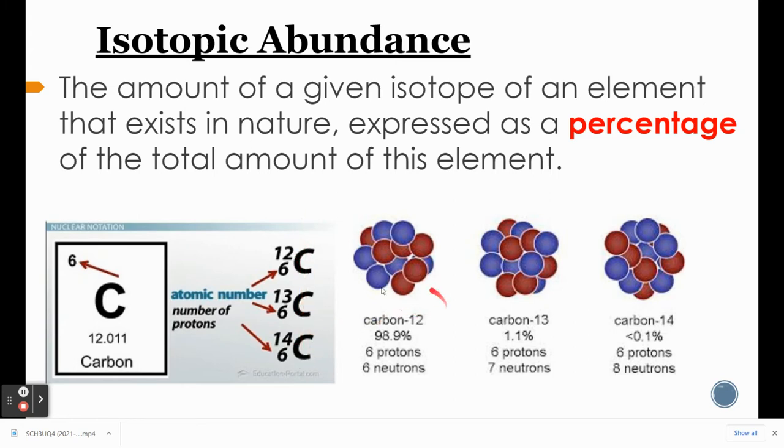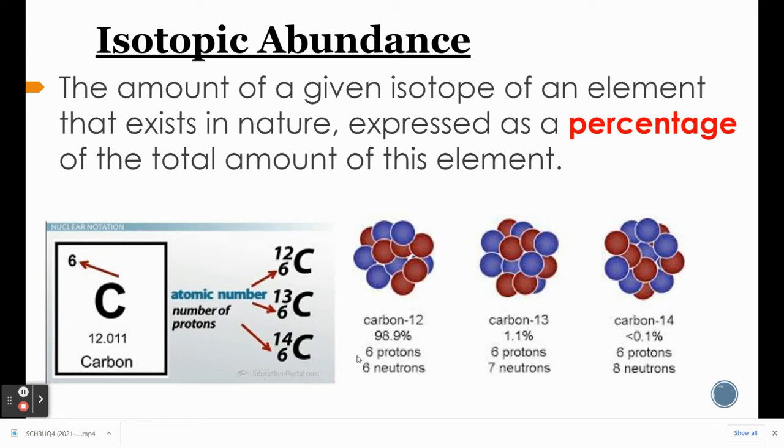For example, if you look over here, carbon 12 is much more abundant than, let's say, carbon 13 and carbon 14. So the mass is much closer to carbon 12, 12.01 is closer to 12 than it is to 13 or 14 because there's just more carbon 12 there, right? It's kind of like if you had a mini quiz and a big test, let's just say. The mini quiz is not worth a lot, and the big test is worth a lot.